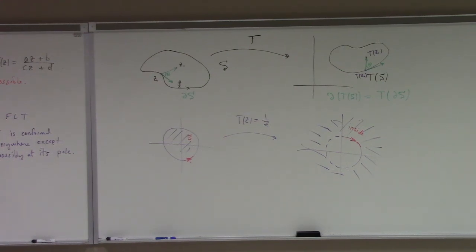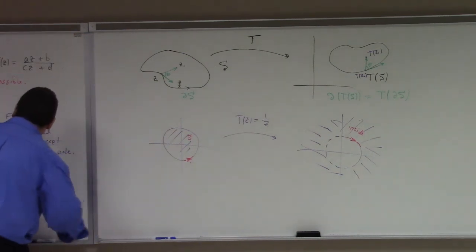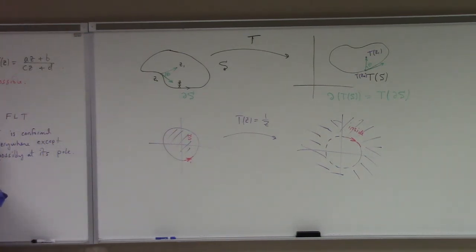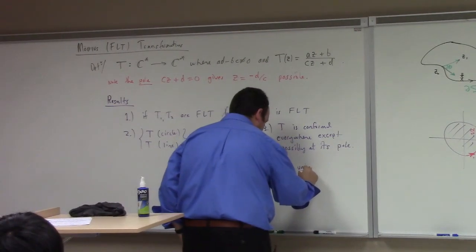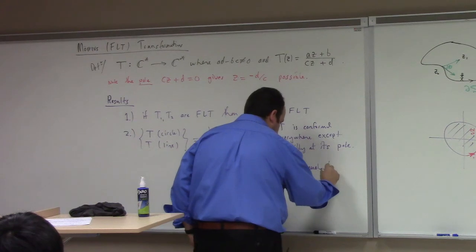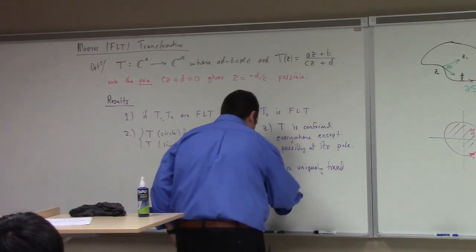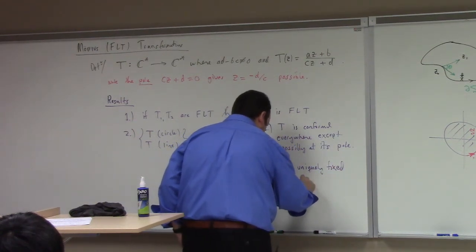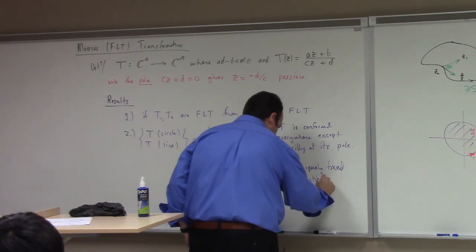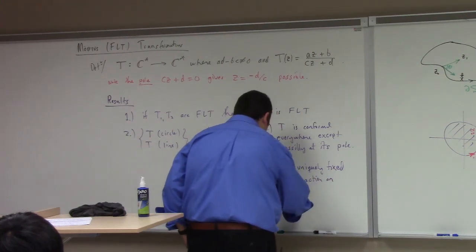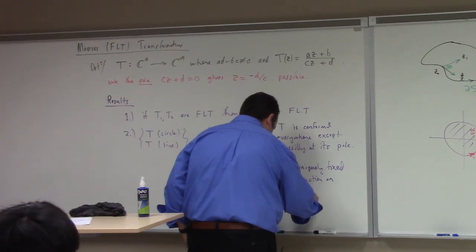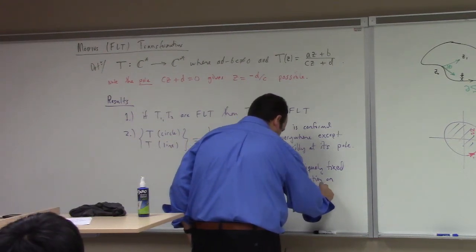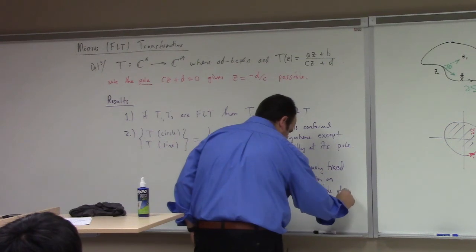But there's another point, which we proved last time, which is a little bit more surprising. T is uniquely fixed by its action on a distinct triple of points.